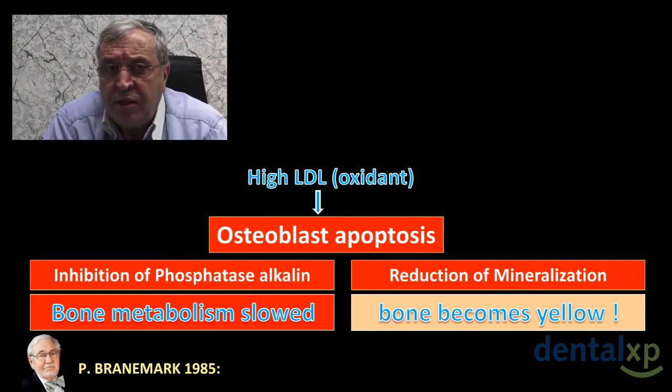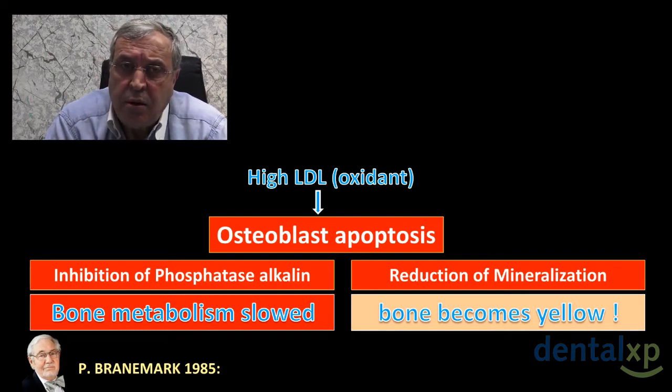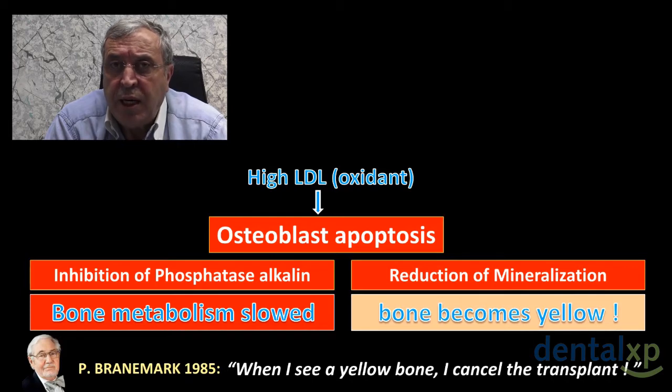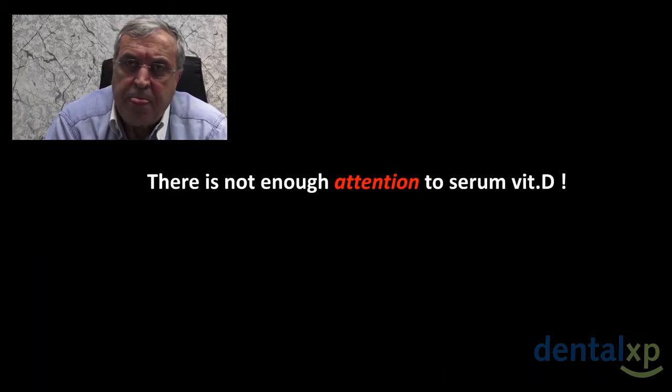I believe that you know this guy, Per Brånemark. In 1985, more than 30 years ago, he was saying, when I see a yellow bone, I cancel the graft. He didn't know why, but today we can explain why, because the patient had high cholesterol.